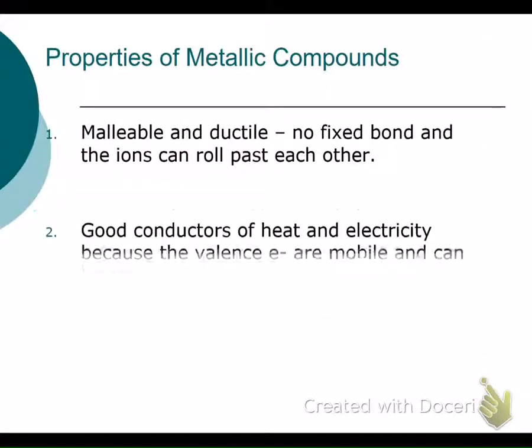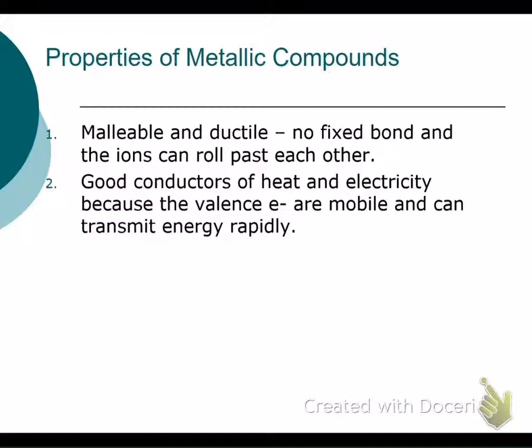So what are the properties? Malleable and ductile. The reason metals can be flattened or stretched into wires and not come apart is because that soup, that fog, that electron sea is bendable. The electrons are not locked into position. Also, metals can conduct. Again, the electrons are free to move. One electron in, one electron out.